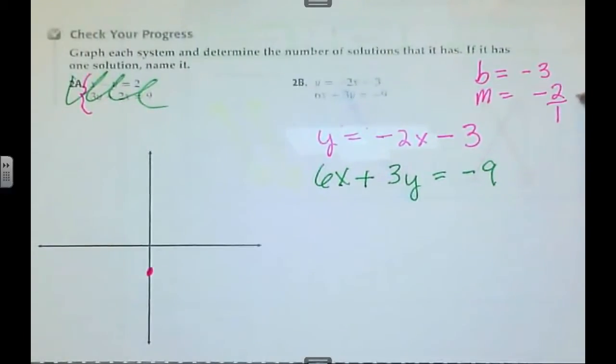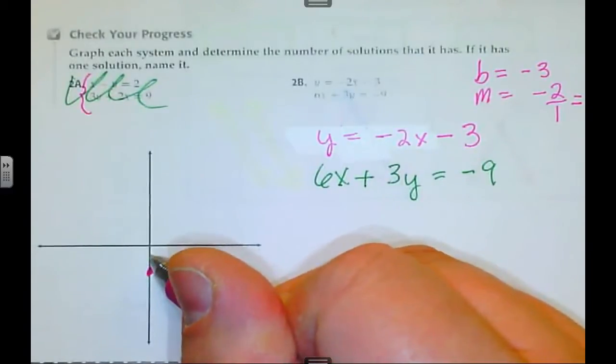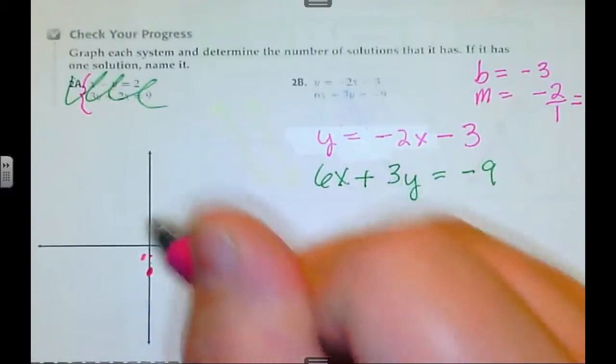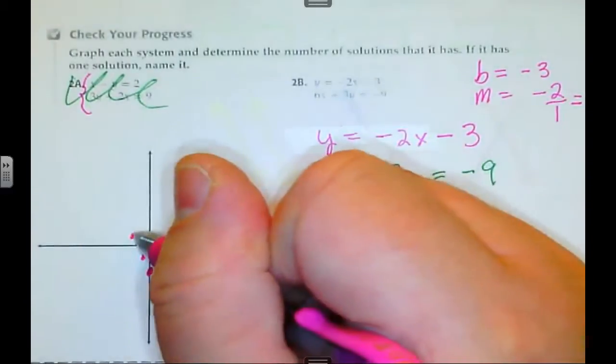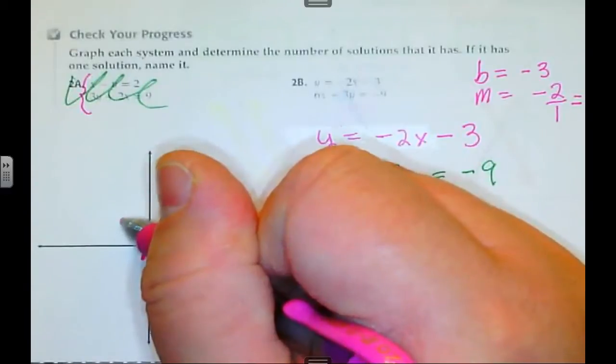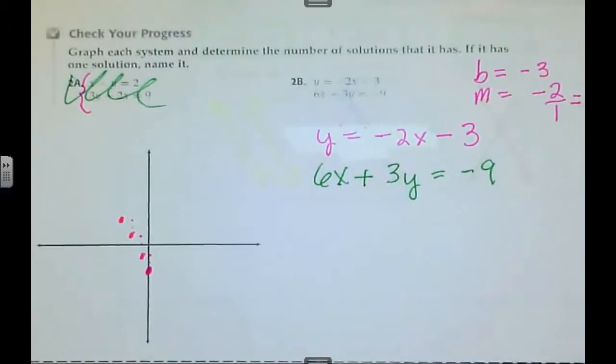And you could either put that minus sign with the 2 or you could put it with the 1. I'm going to put it with the 1. So I'm going to go up 2 to the left 1, up 2 to the left 1, up 2 to the left 1. Okay, so there's my line. I might even put a couple more points on there.